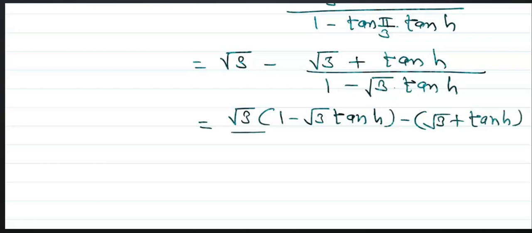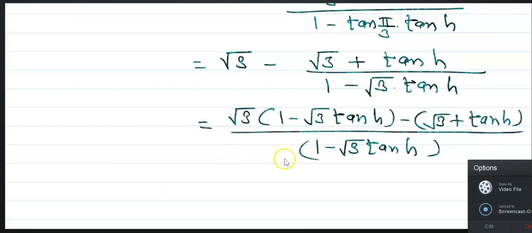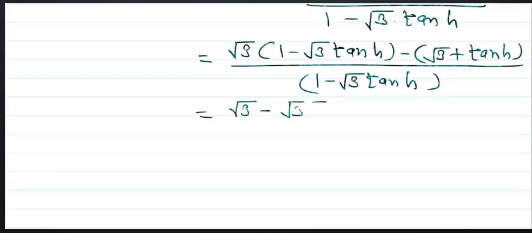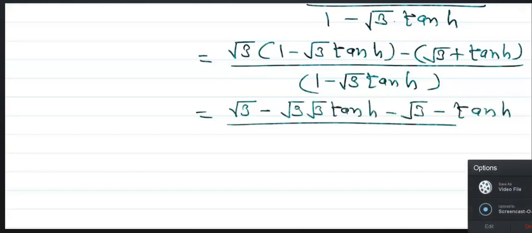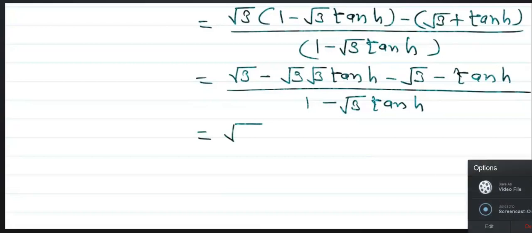Now see this here. After multiplication, we will get this simplification. Now root 3 into 1 is root 3. Root 3 into root 3, 3 into tan h, minus root 3 minus tan h. This is the numerator simplification. Now see the denominator.